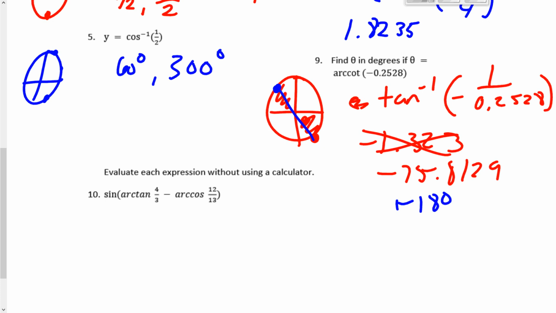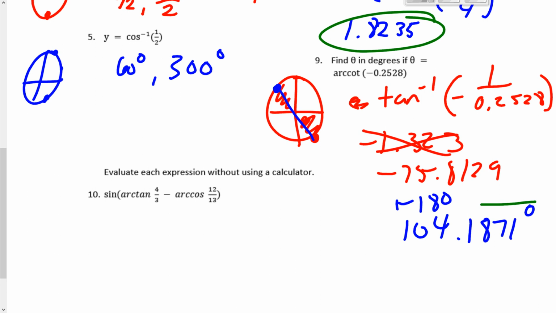And that's 104. So there's my answer. When you're doing the calculator one, just go ahead and find the one answer for both of these. That will be fine. So the top one there was in radians, and this one was in degrees.